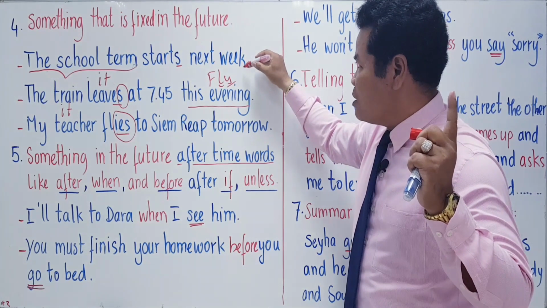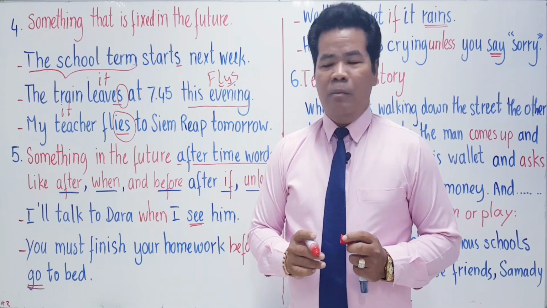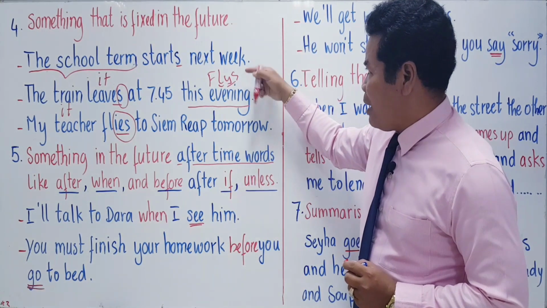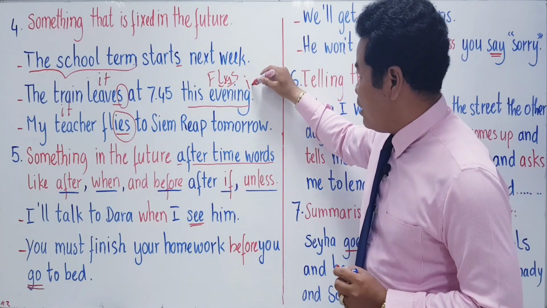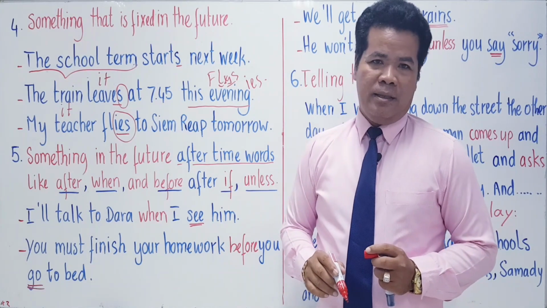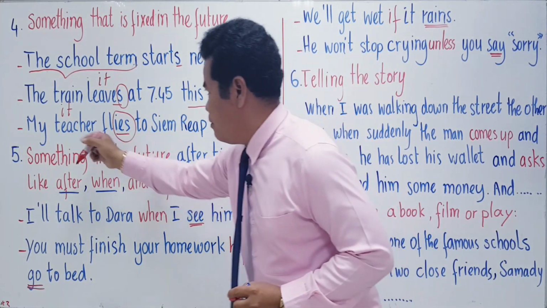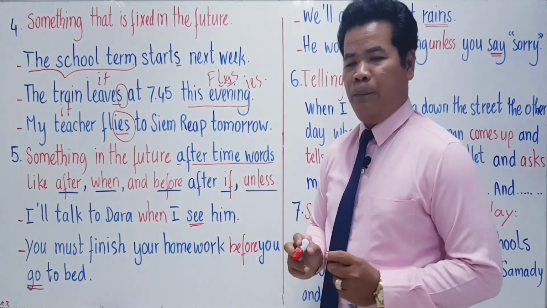That's why you cannot just add S to the word fly. Before you add S, you have to change Y to letter I, and then you add ES, as the rule says. That's why we have my teacher flies to Siem Reap tomorrow.